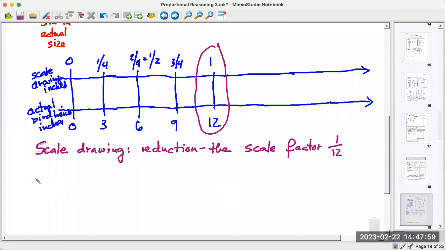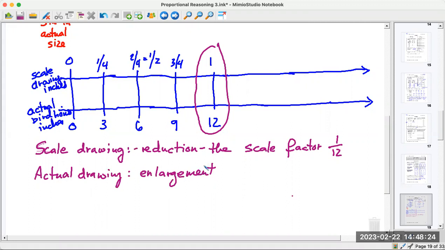The actual drawing, the big one, is called an enlargement because it's getting bigger, large, right? So those are the words you need to remember: reduction and enlargement.